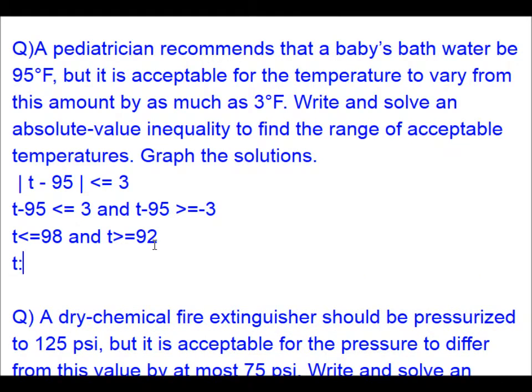So the solution set can be written in the form of compound inequality as 92 less than or equal to t is less than or equal to 98. This is our solution set, that the temperature of the baby's bath water should be between 92 and 98.